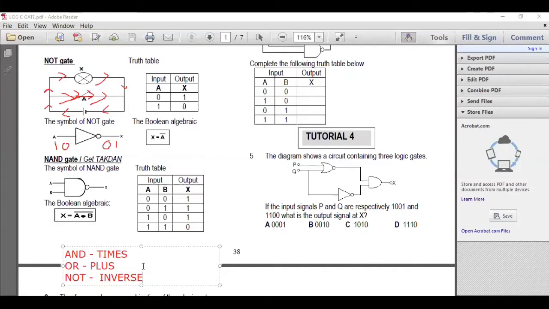Do they ask for examples of the gates? No. Once you go to a higher level, they ask. This one is only basic. This is more on computer science, where they use it more.